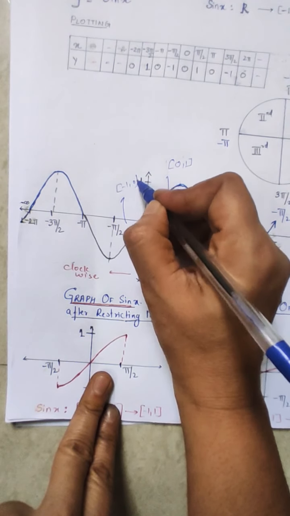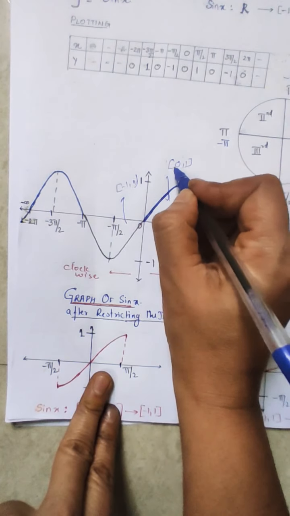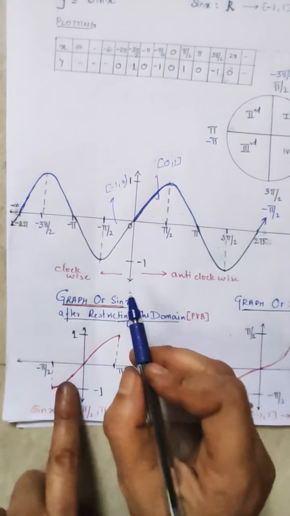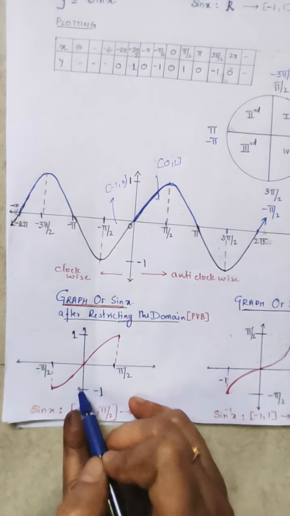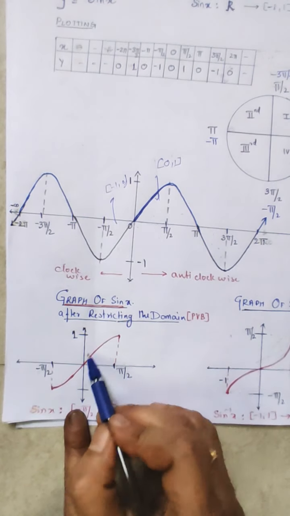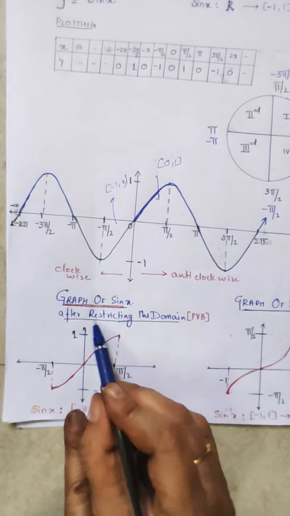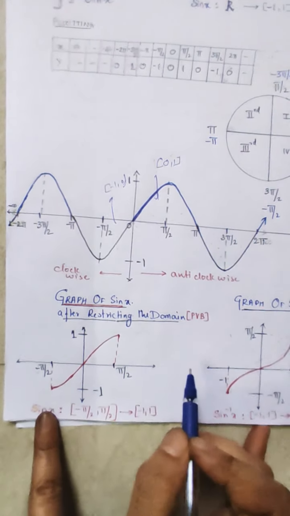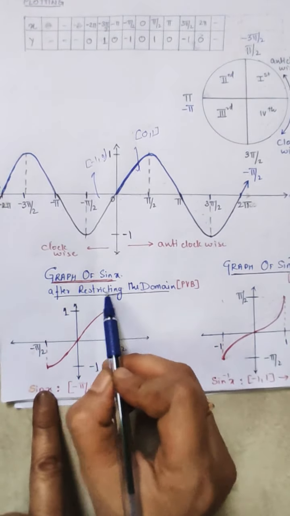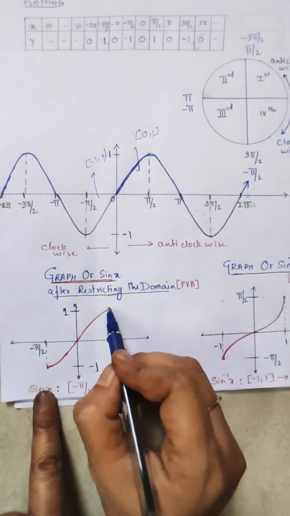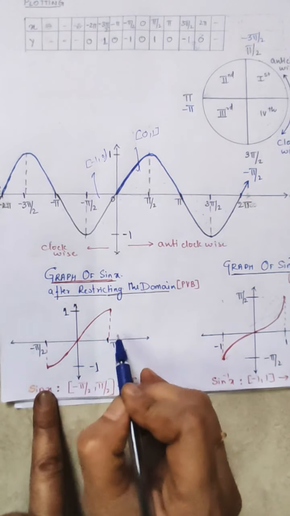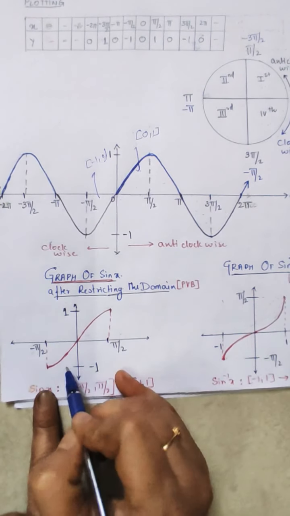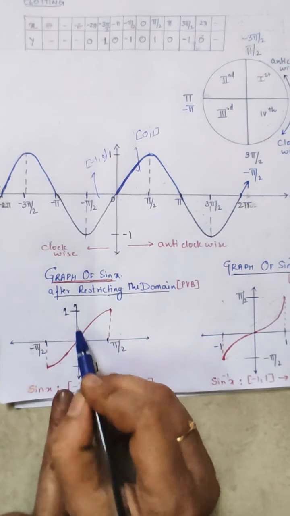I have put the open interval sign because once 0 is included, we are drawing only the restricted region of the curve where the inverse function is possible. So our graph for the sine function after restricting the domain will be minus pi by 2 to pi by 2, where the range goes from -1 to 1.